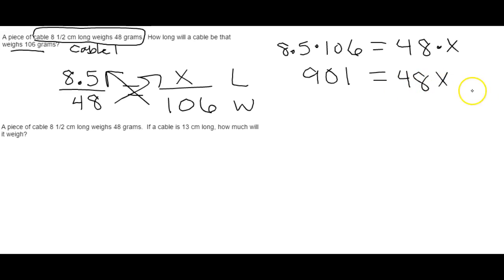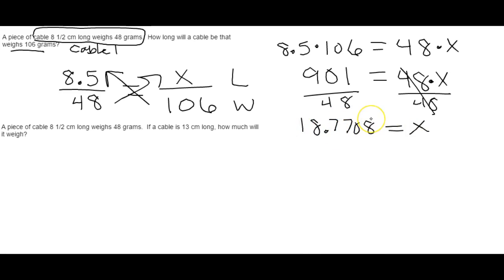Now to get x alone, we have to solve this equation. This is 48 multiplied by x, so we do the opposite of multiplication, which is division. So 901 divided by 48 is 18.7708. Let's round to the nearest tenth. So this would become 18.8.